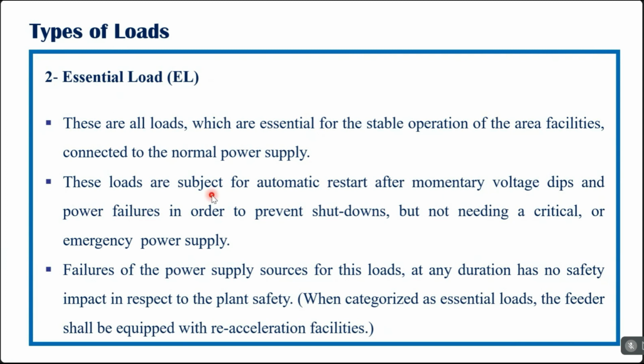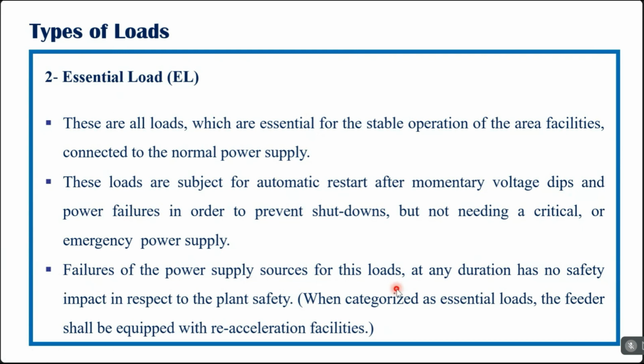These loads are subject to automatic restart after momentary voltage dip and power failure to prevent shutdown, but do not require a critical or emergency power supply. There is a very fine line of difference between essential load and emergency load, which I will discuss in the next slide. But please understand, essential loads are those loads that we want to start immediately after the voltage has been restored. But we do not give any backup like DG supply or UPS supply in this type of load.